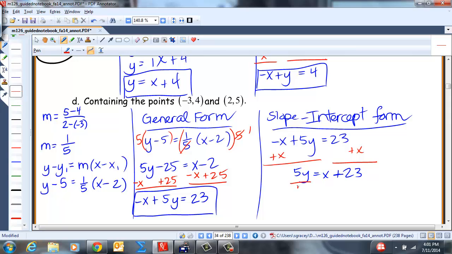Dividing both sides by 5, we will have y is equal to 1/5 times x plus 23/5. And we're done.